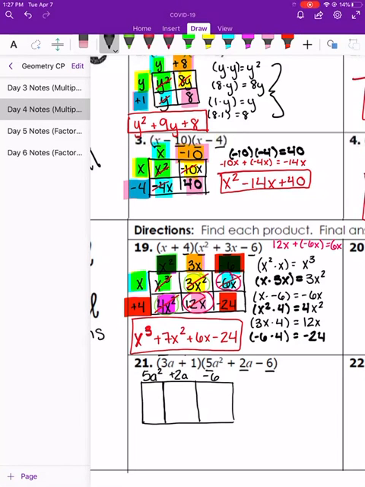I have 2 in my next one, so I need to make 2 boxes. So 3a and 2a. Okay. I'm going to go ahead and highlight my boxes.